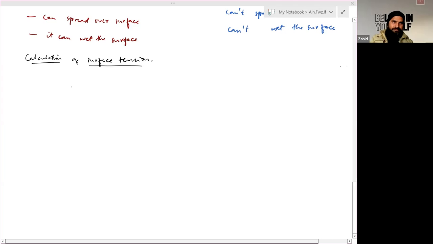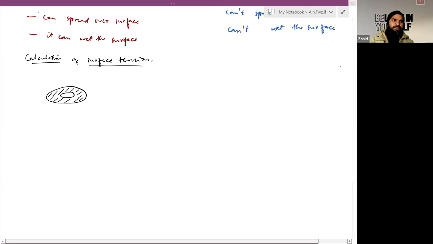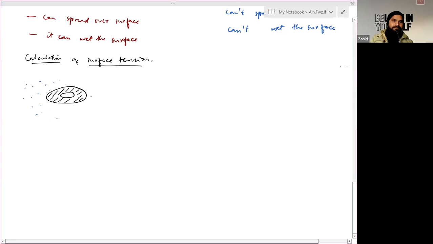Suppose a circular disc having a hole at its center is placed over liquid. Like this.